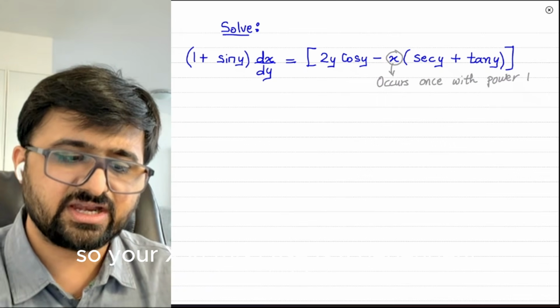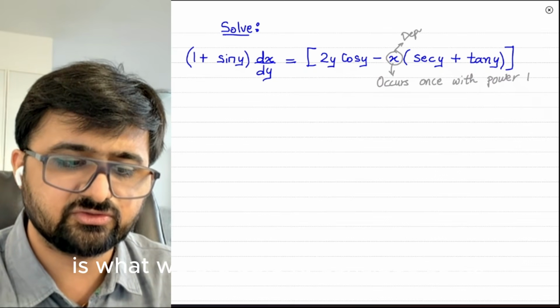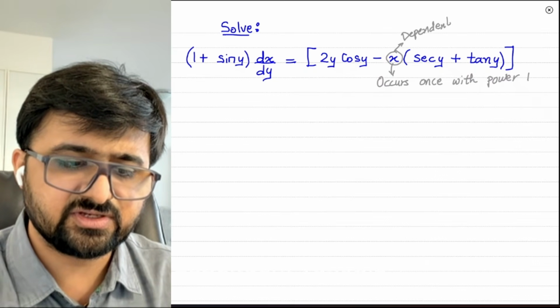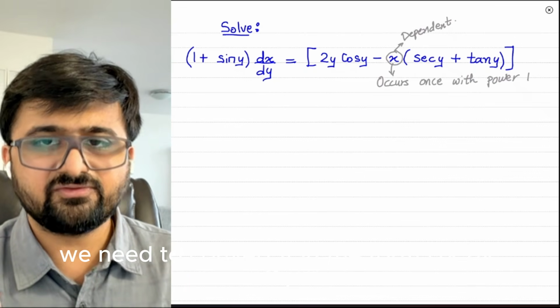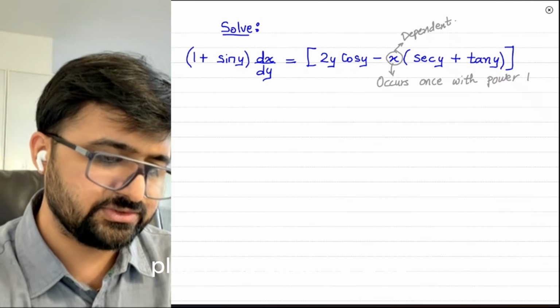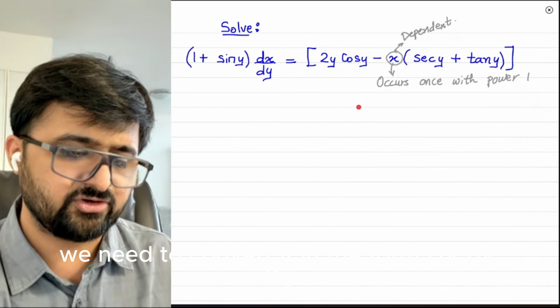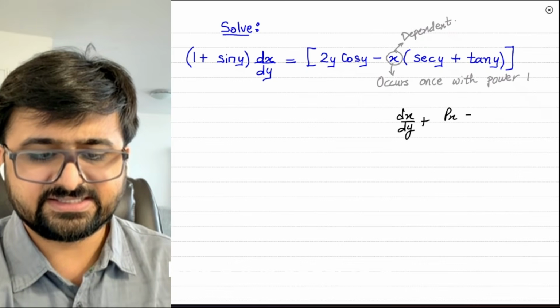So x in this case is the dependent variable. Since x is occurring only once and it's a dependent variable, we need to convert it to the form dx by dy plus px is equal to q.